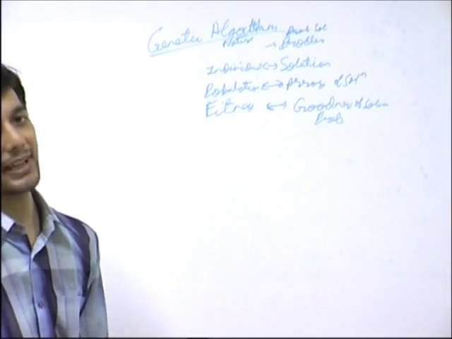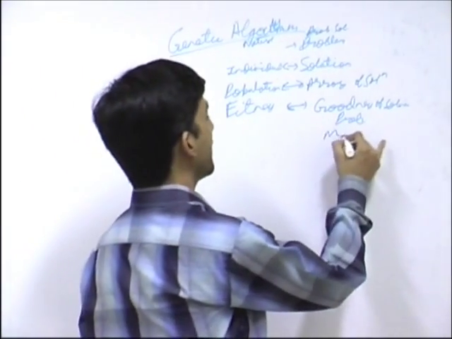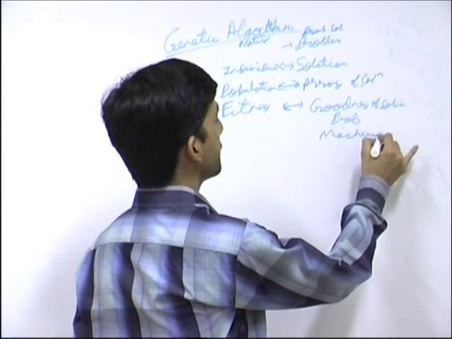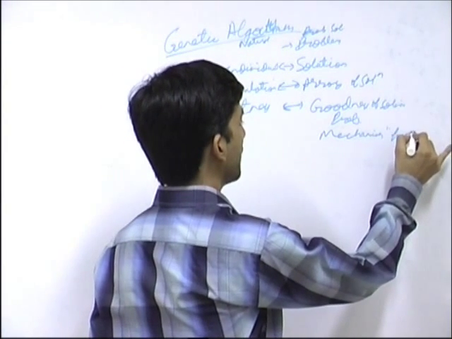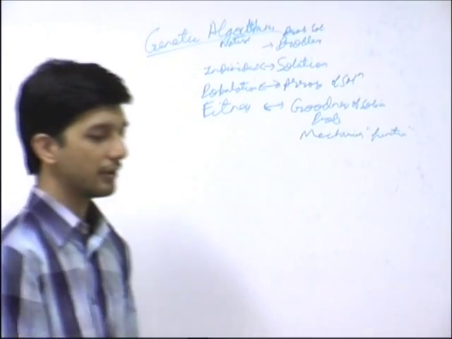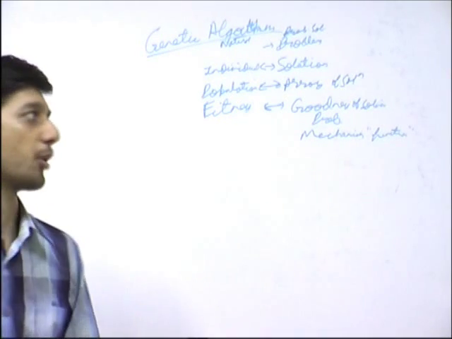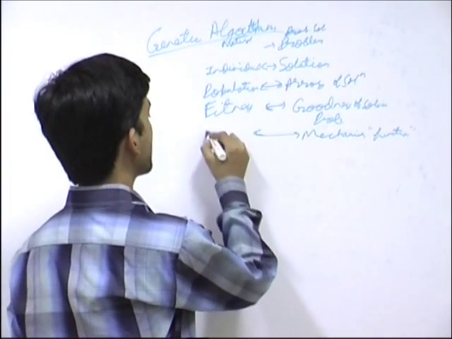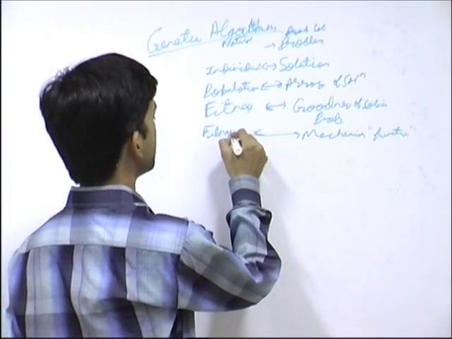And of course there would be some mechanism by which I calculate this. There would be some function which, when applied over a solution, gives me how good it is in solving a problem. I would know it as the fitness function here.